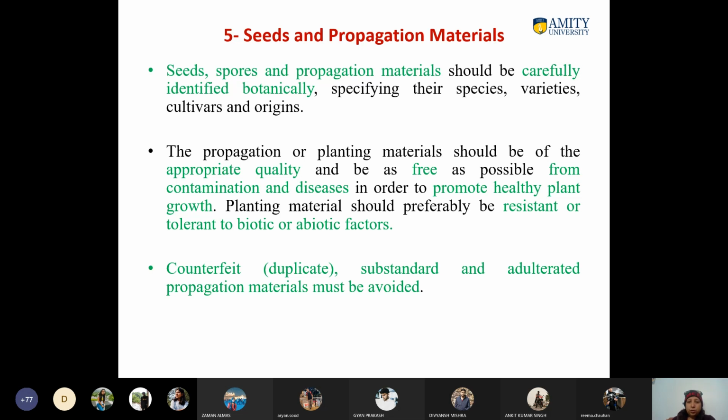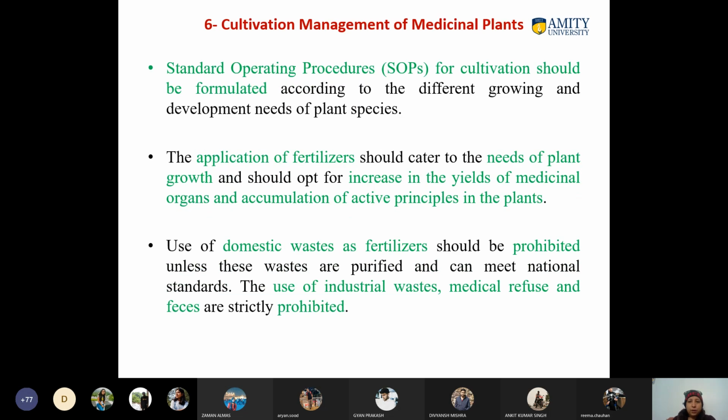Then you have to just ensure कि आपको कोई भी duplicate या counterfeit क्वालिटी प्लांटिंग मटेरियल ना दे दे, या कोई उसकी substandard, that is the below standard. और कई बार एडल्ट्रेशन भी बहुत कॉमन है मेडिसिनल प्लांट्स के केसेस में. तो you have to just ensure कि आपके पास जो भी प्रोपोगेशन मटेरियल है वो एडल्ट्रेटेड ना हो, वो प्योर हो. ठीक है? It should be of good quality and it should not be any duplicate or of any counterfeit material. So all these things have to be kept in mind before you select for the seeds and propagation.